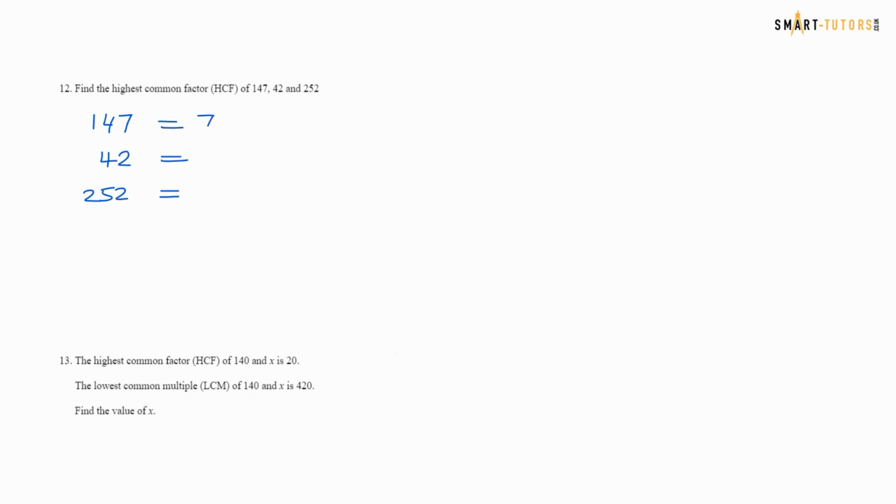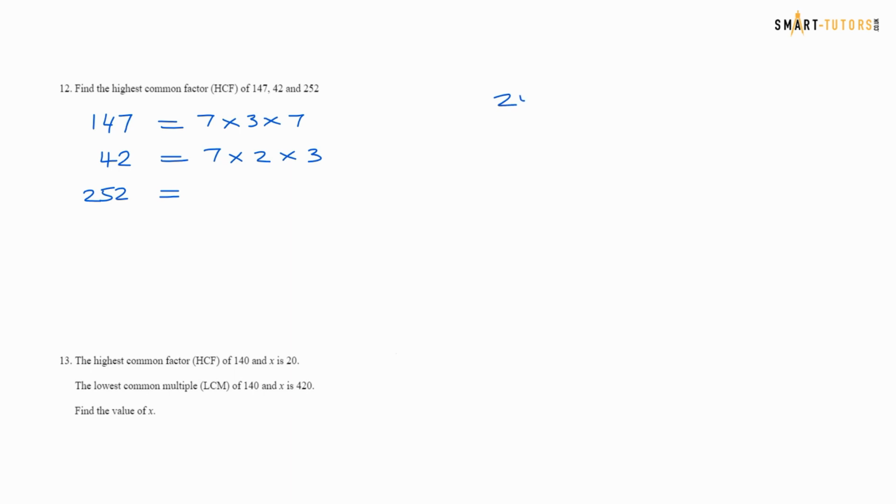147 is 7 times 21, so 7 times 3 times 7. 7 times 7 is 49, times 3 is 147. That is correct. 42 is 7 times 2 times 3.